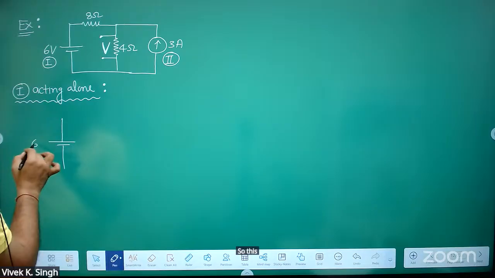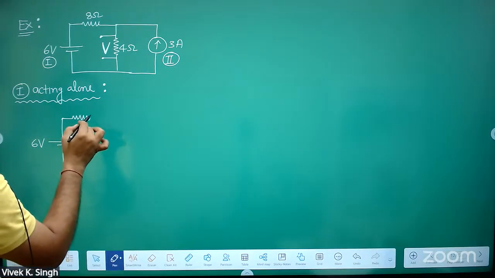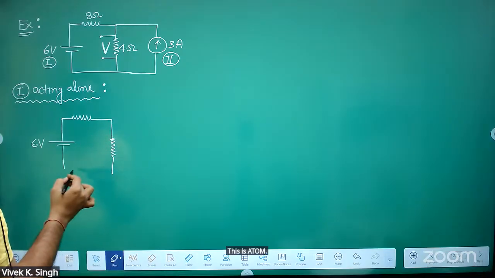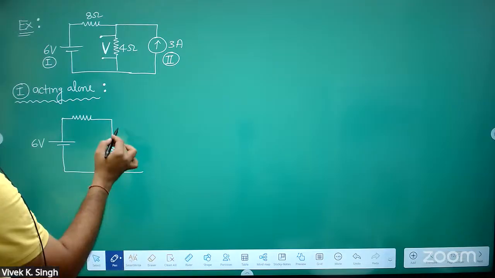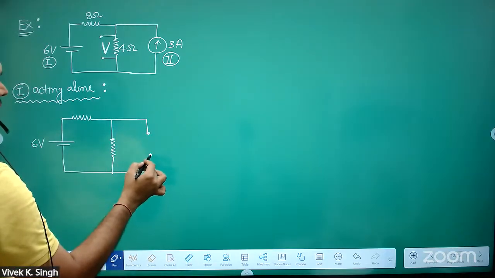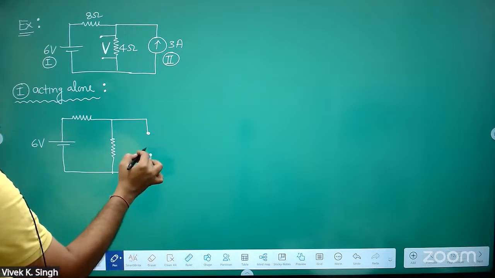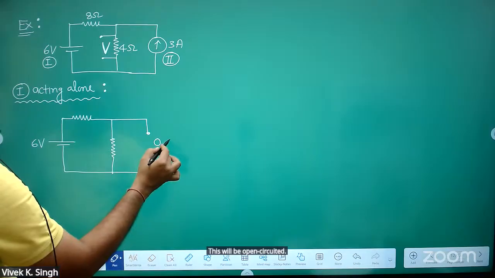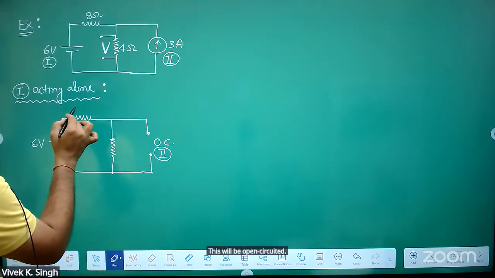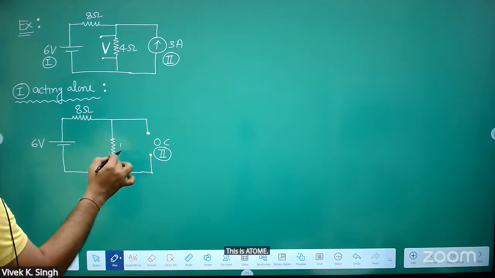So this is 6 volt. This is 8 ohm. This will be open circuited. This is 8 ohm. This is 4 ohm.